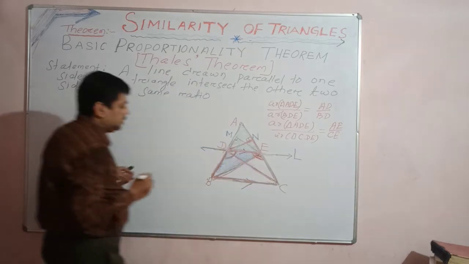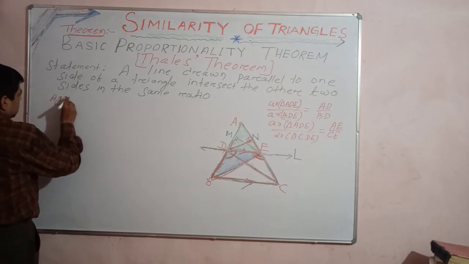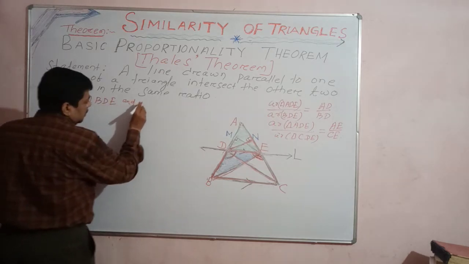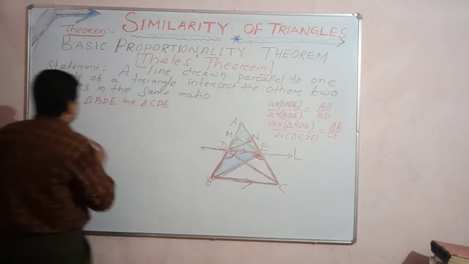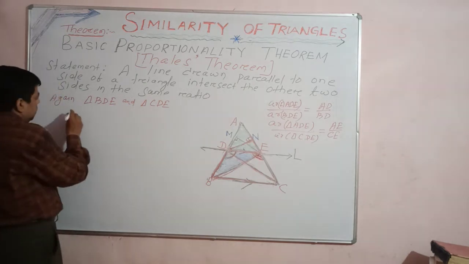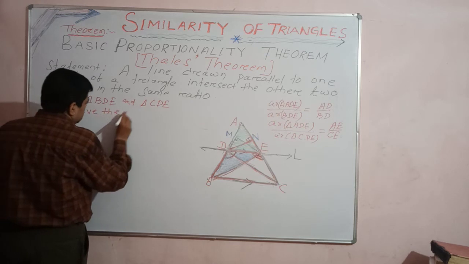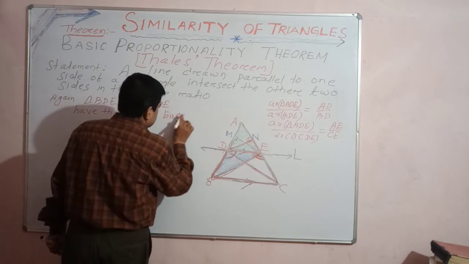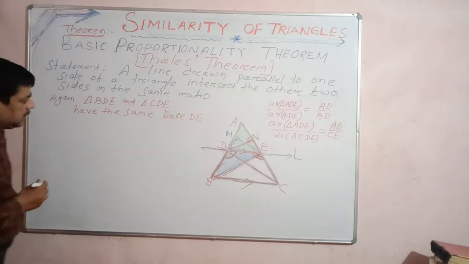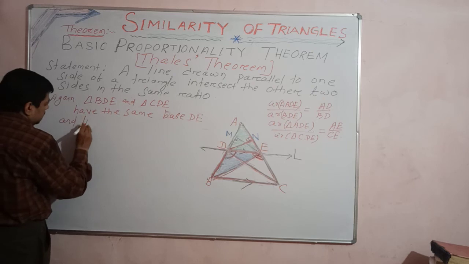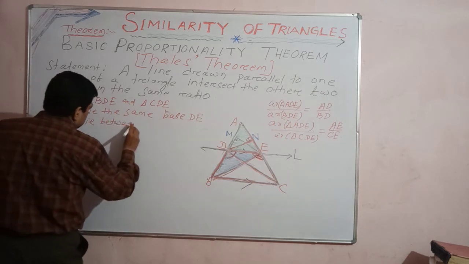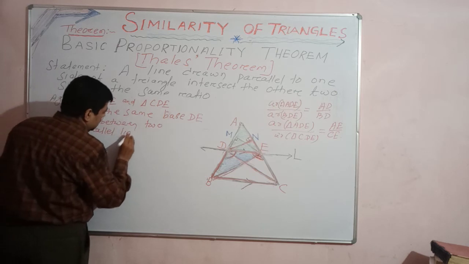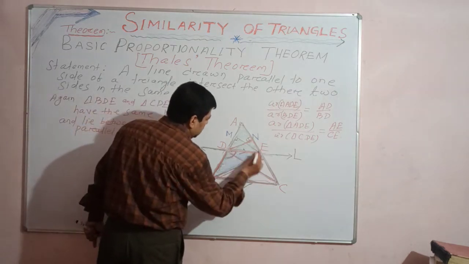It is observed that the triangle BDE and triangle CDE have the same base DE, and they lie between two parallel lines, BC and DE.